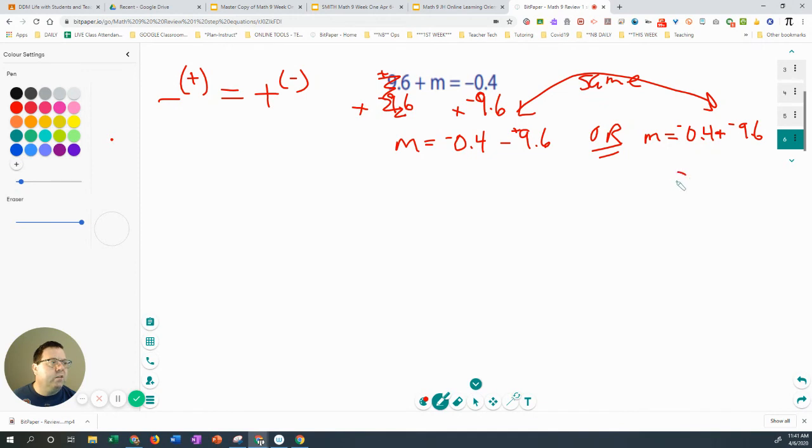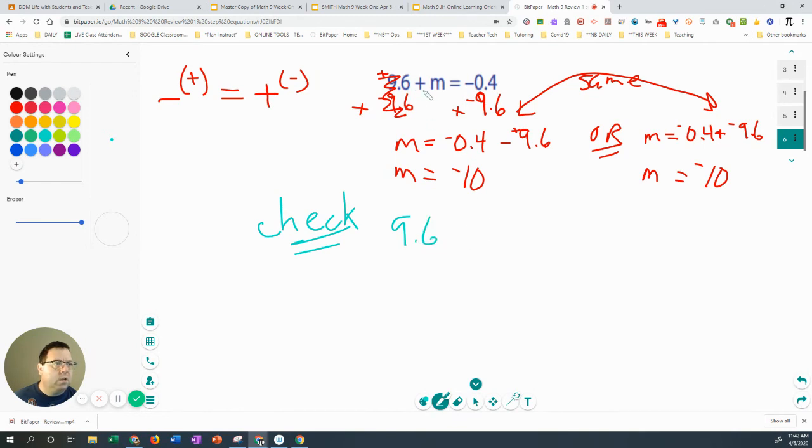So when you add two negatives together, you just get a bigger negative. So this should be negative 10. And same interpretation over here. If we're taking away this positive, we should get a negative 10. Not just should, we do get a negative 10. So you can check this. I'm just going to switch the color for the checking. So now we're saying the original question, 9.6, here's our m.